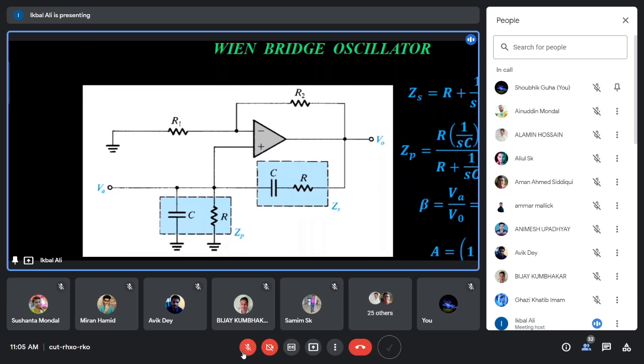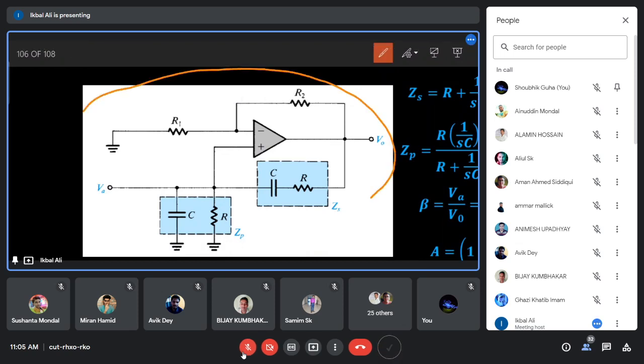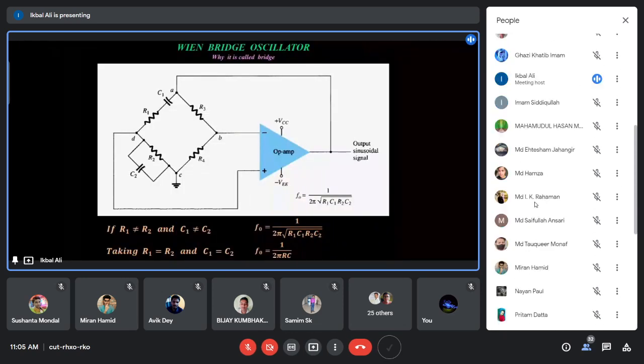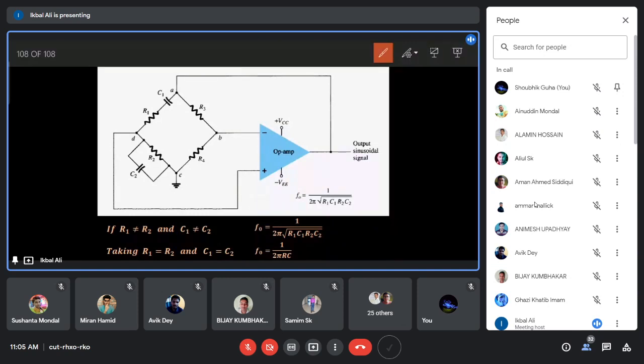This is a Wien bridge oscillator circuit. This circuit is drawn here like this one. But you can draw the same circuit with the bridge formation. If you do that, then this circuit will look like this one. So this is the bridge. The same circuit you can see, if you want to understand the bridge.